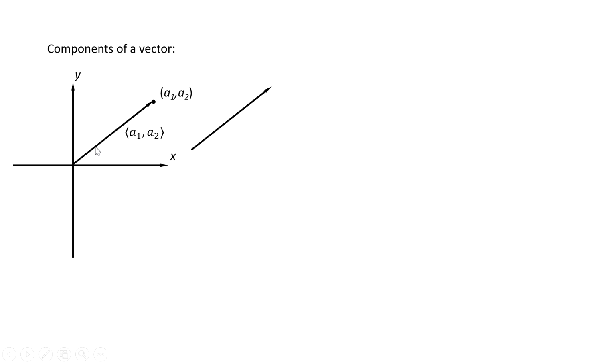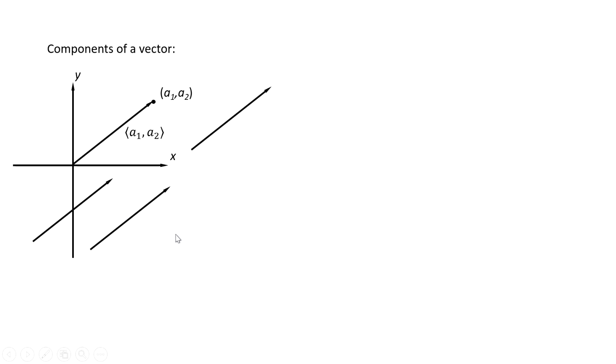So if this vector was a1, a2, this vector must also be a1, a2. How about this? So is this. How about that? So is that. So all these vectors can be called vectors a1, a2.